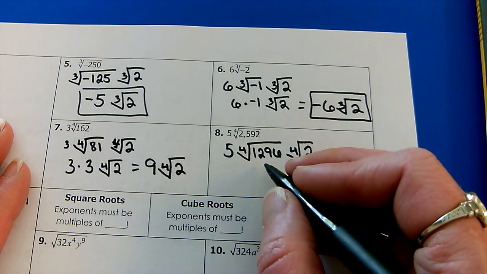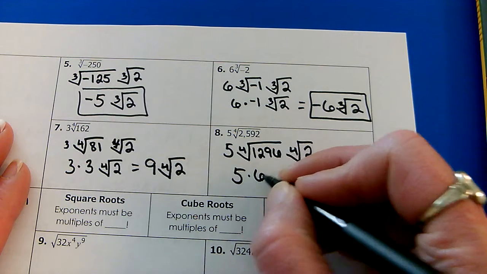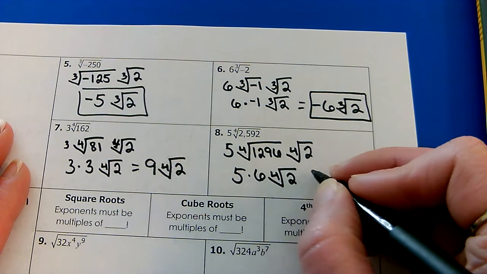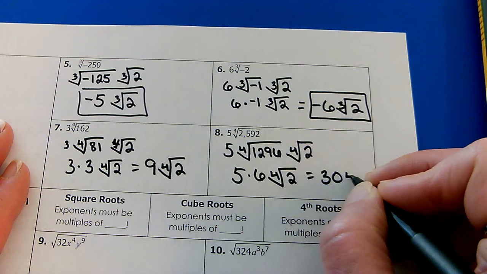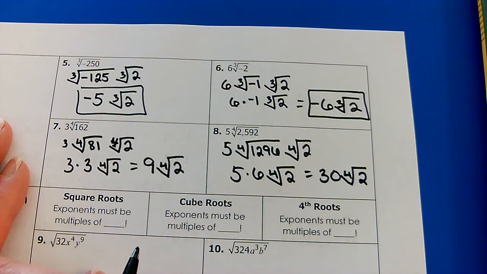The fourth root of 1296 is 6. And so that's 6 times the fourth root of 2.